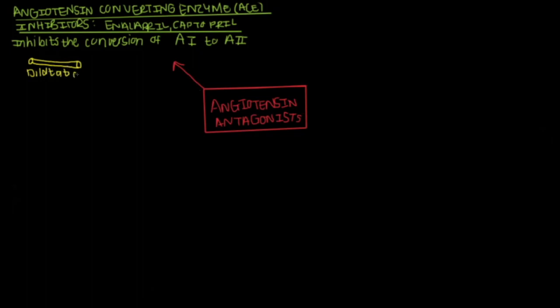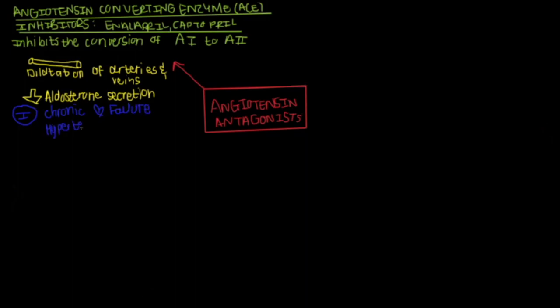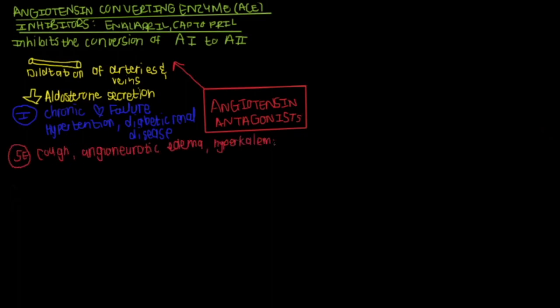In the heart, they cause arteriolar and venous dilatation. They also reduce aldosterone secretion. So we're going to use these in the treatment of chronic heart failure, hypertension, and diabetic renal disease. Some of the side effects of these drugs are coughing, angioneurotic edema, and hyperkalemia.